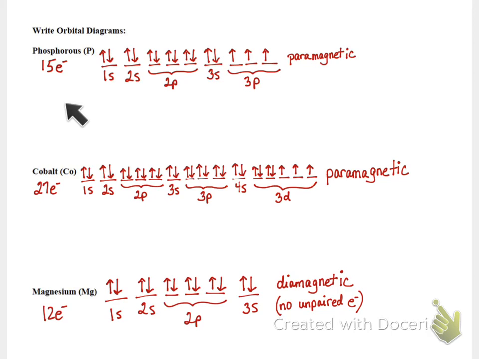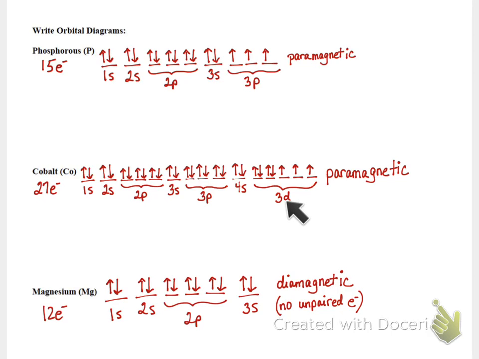Okay, so phosphorus, which has a total of 15 electrons, has 3p3, so these 3 electrons do not have pairs, so phosphorus is paramagnetic. Cobalt, which has 27 total, has 3d7 electrons, so 7 electrons in the 3d orbital.